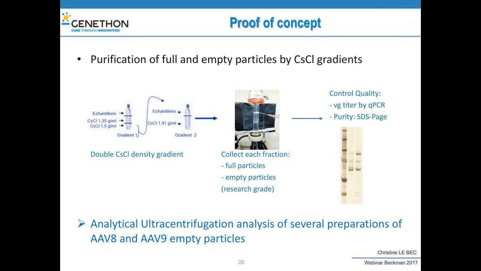You can see in the middle of the slide that we collected the full particles and the empty particles from the syringe. After that, we made analytical ultracentrifugation analysis of the different preparations.